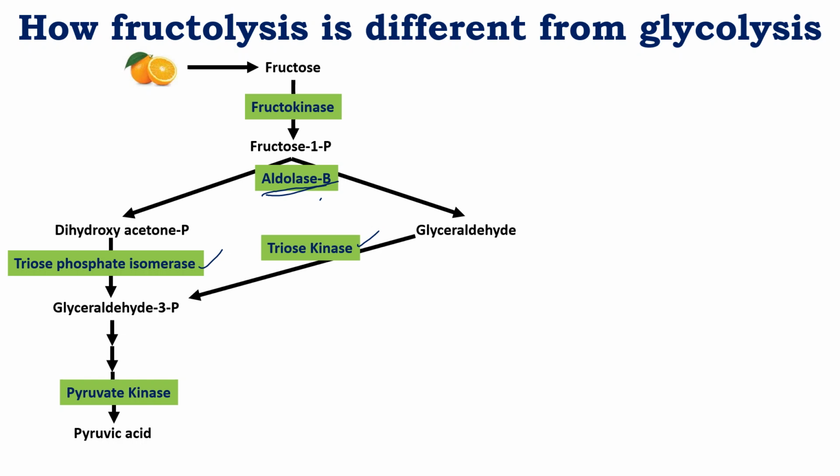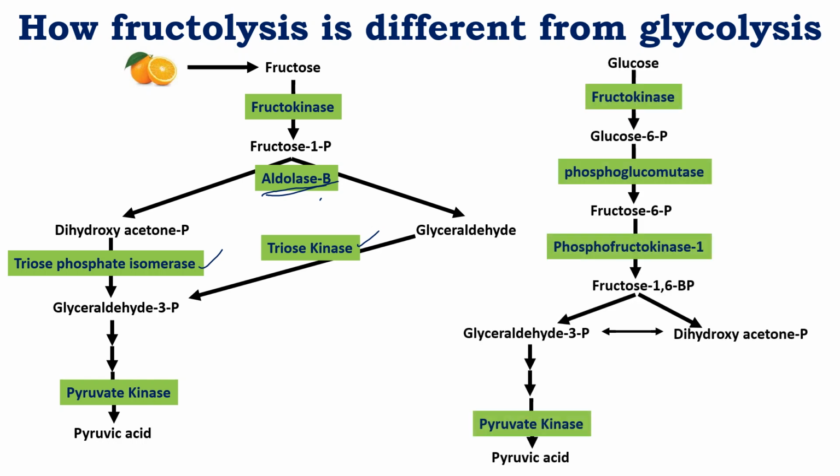Whereas in glycolysis, this is the normal glycolytic pathway where glucose, sorry, this will not be fructokinase, this will be glucokinase. So glucose is converted to glucose 6-phosphate by glucokinase or hexokinase. Glucose 6-phosphate is converted into fructose 6-phosphate with the help of phosphoglucomutase, and then fructose 6-phosphate is converted to fructose 1,6-bisphosphate by phosphofructokinase.